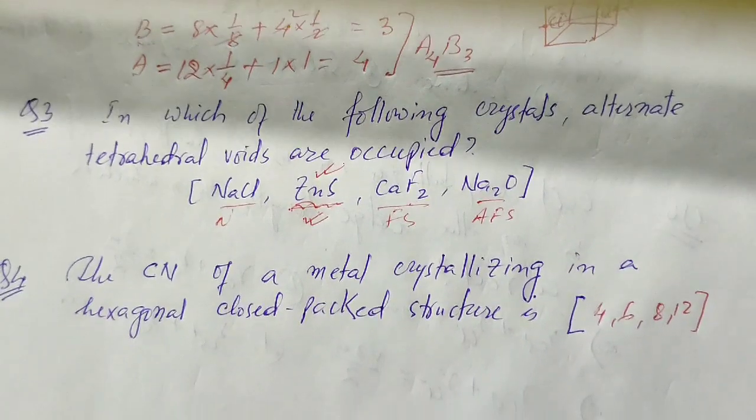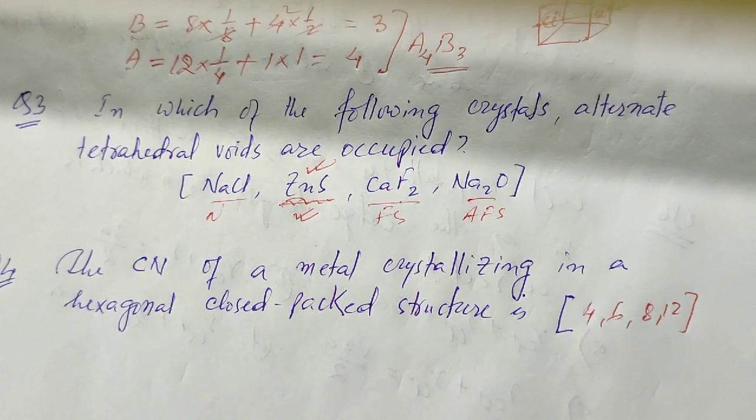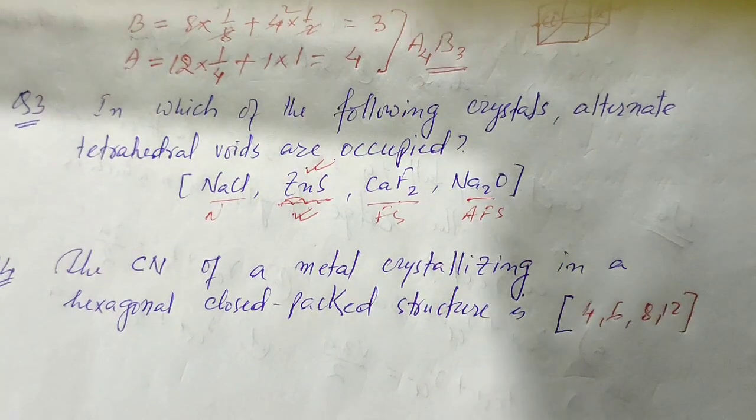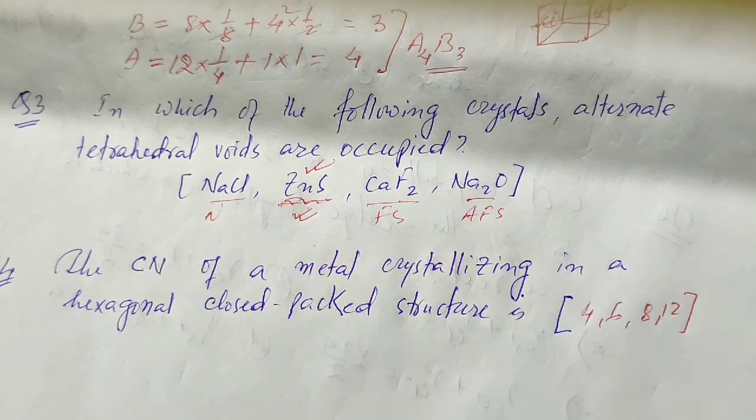Next, the fourth question: the coordination number of a metal crystallizing in a hexagonal close packed structure is?